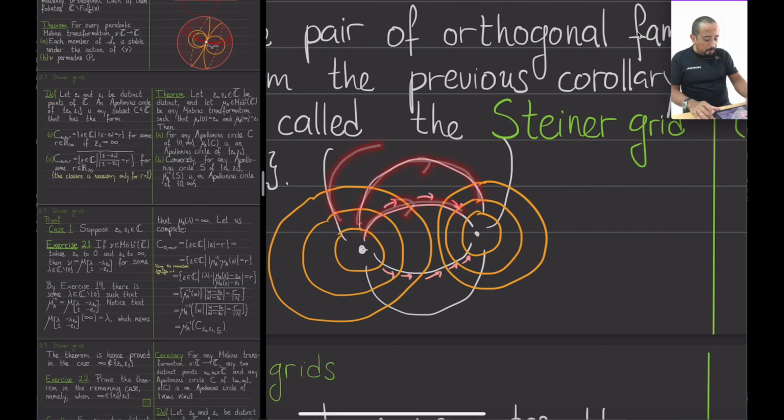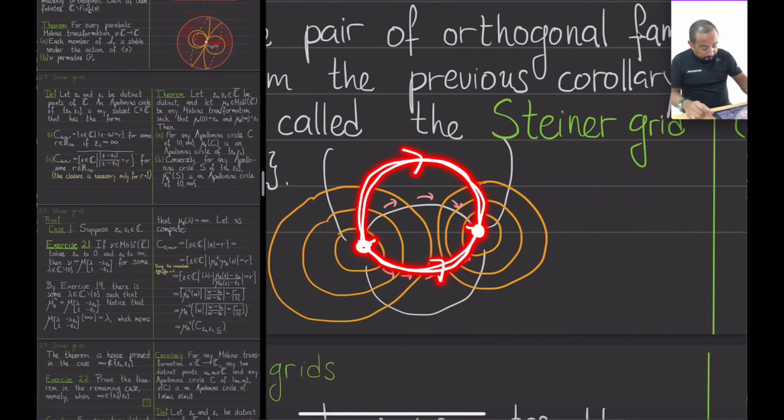When I say flow, what I mean is that when you iterate the positive powers of nu, you move away from one of the points and close to the other point along each of these common circles. And it's not only that the common circles are stable; each common circle is split into two parts, each of which is stable. This part is stable, and this other part is stable, and here you have the fixed points.